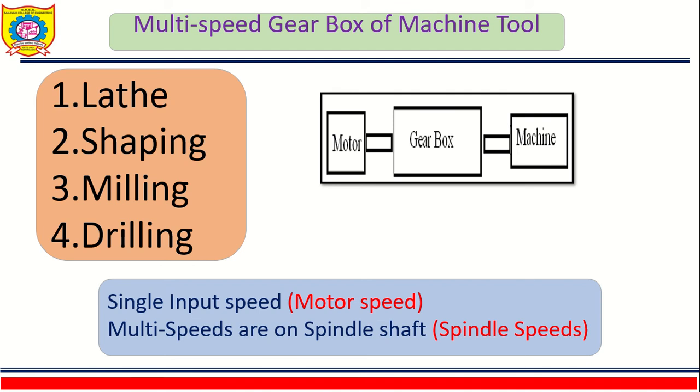Then we can use an arrangement with a motor and a gearbox with only a single output, as there is no need to vary the output speed. But in the case of the lathe machine, multiple speeds are required, and for that purpose we require the multi-speed gearbox.